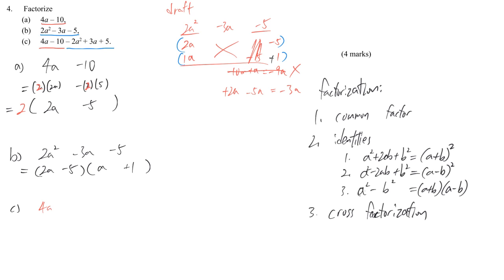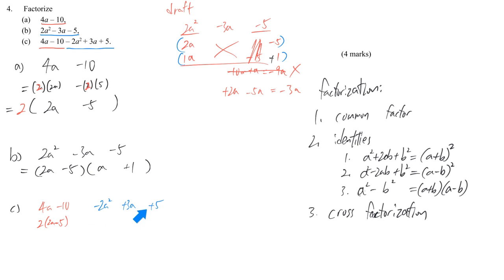We have 4a and negative 10. Afterward, we have negative 2a squared, positive 3a, positive 5. For the first part, obviously we are going to use the result in part A, so I just write exactly the same. It's 2 times 2a minus 5.